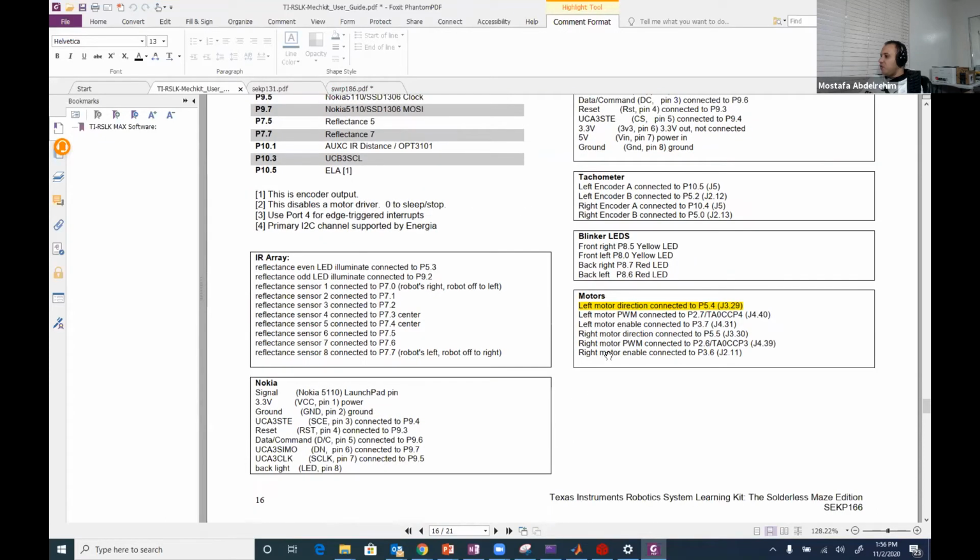So these are the pins of the motor. So left motor direction is connected to pin 5.4, not 1.6 or 1.7 like here. And the right motor direction is pin 5.5. These are the two pins that they changed from the versions that this slide is based on.